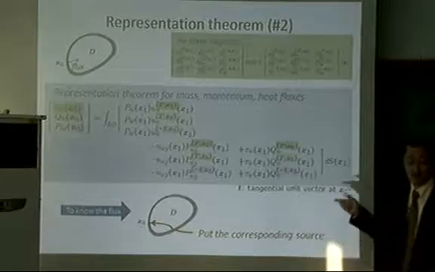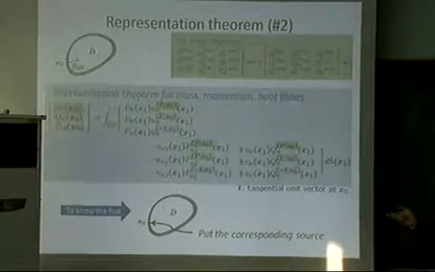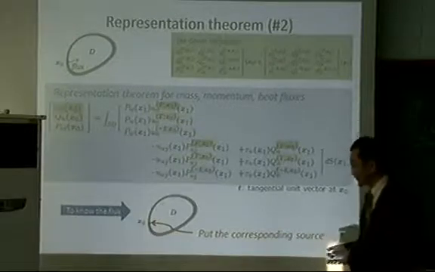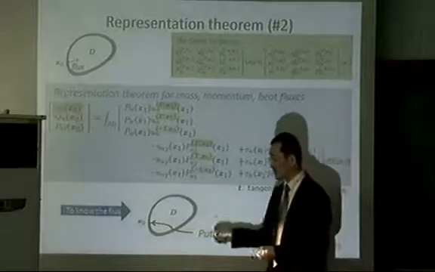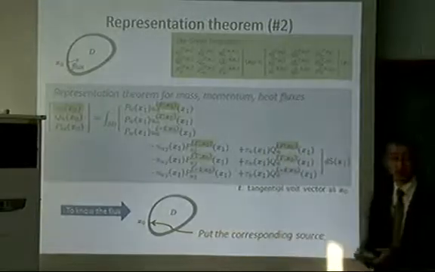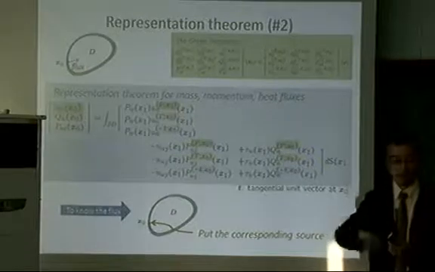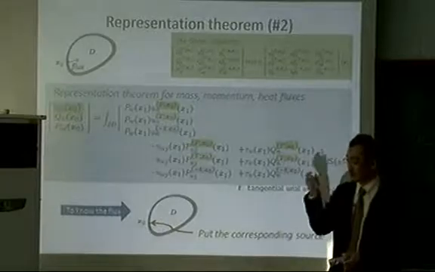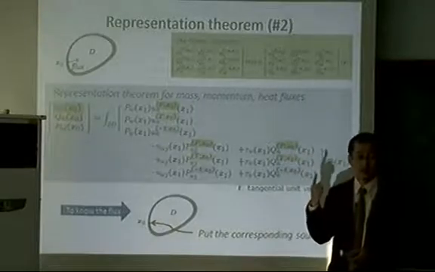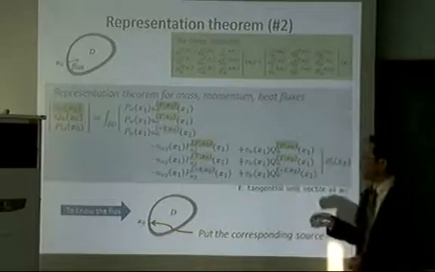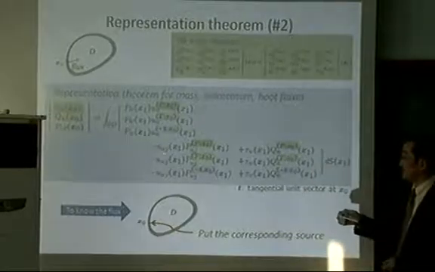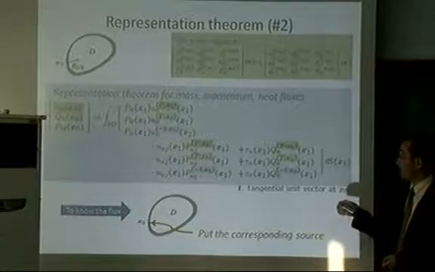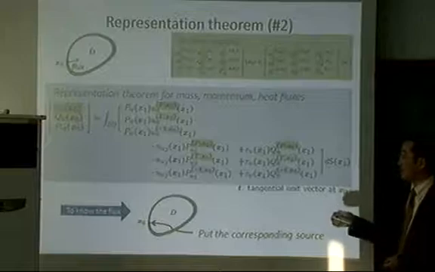This reduction is very important when you reduce the problem, because to consider the general situation in numerics, you have to do a lot of things. But it tells you that what you have to do is solve just one problem. Then, by using that solution, you can reconstruct the mass flow for arbitrarily distributed boundary data.